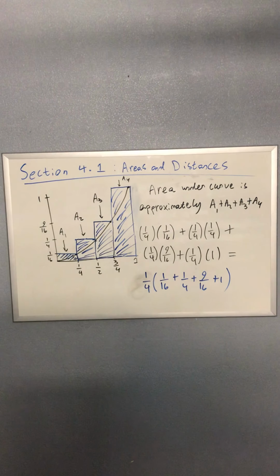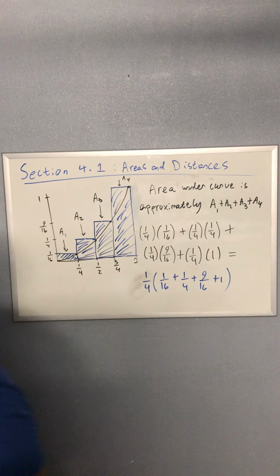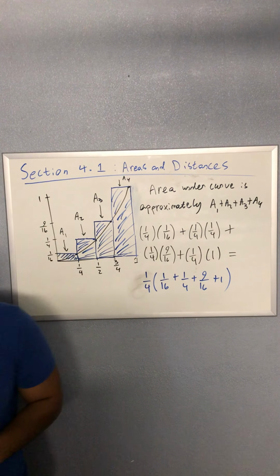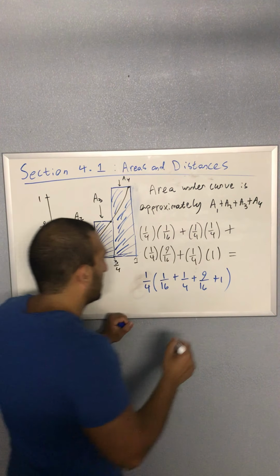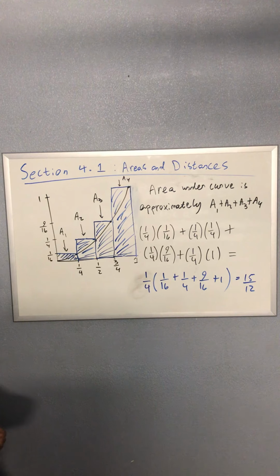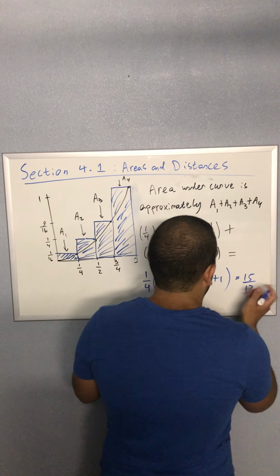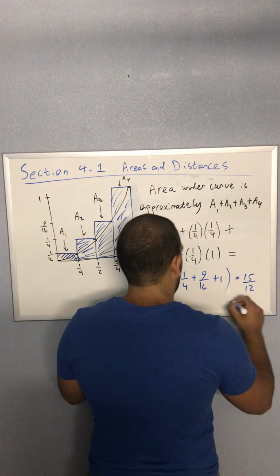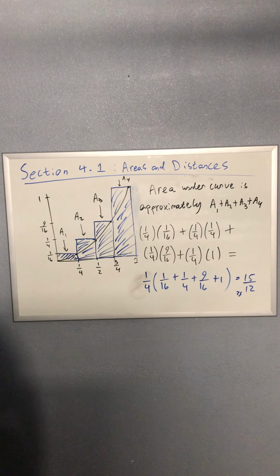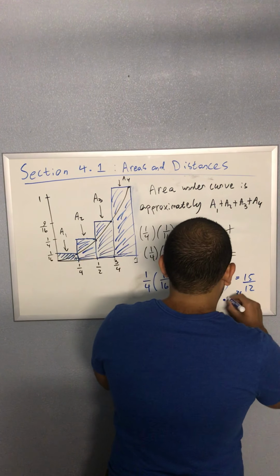When we do this, we essentially get 15/12 when everything reduces, which is approximately going to be 0.47, let's say.